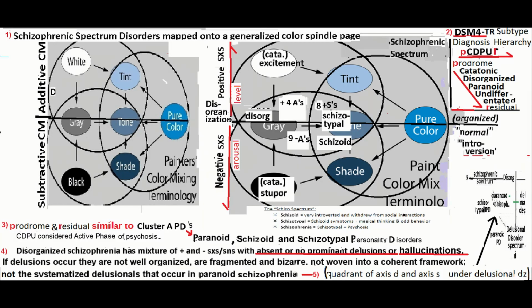And here the schizotypal and schizoid personality disorders are over in this circle, and I went through the list. There were eight S's of schizotypal disorder, and the schizoid are mainly these negative symptoms associated here. But one thing, these in the circle, in the DSM-5, are not considered psychotic disorders.